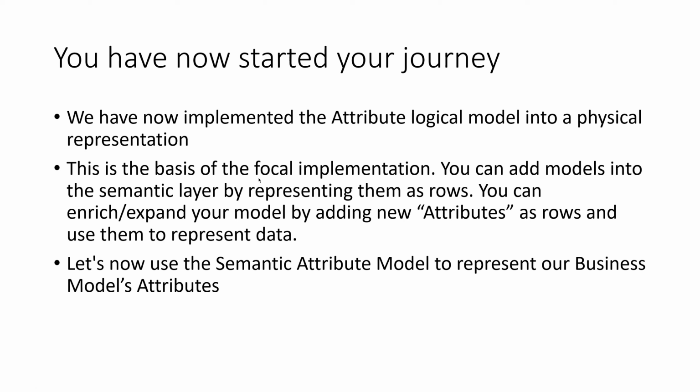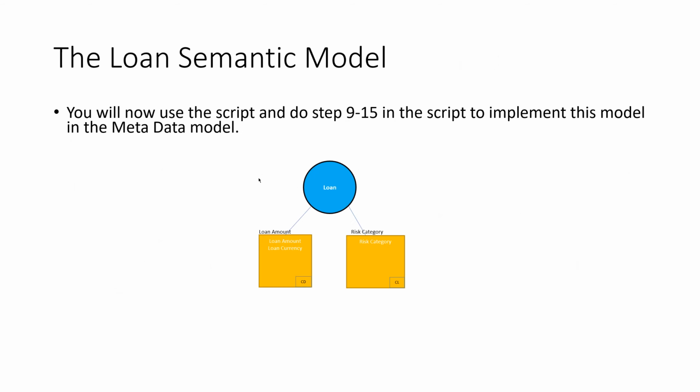So this is the basis of how the focal implementation works. You can add models into the semantic layer by representing them as rows. You can enrich and expand your model by adding new attributes as rows and use them to represent data. So let us now use the semantic attribute model to represent the business model's attributes.